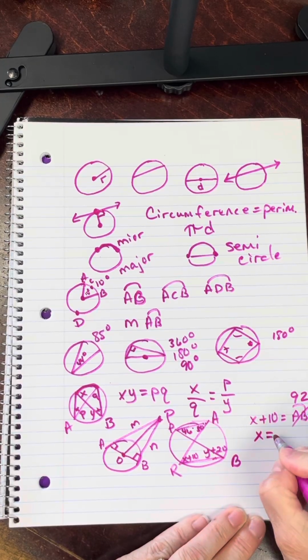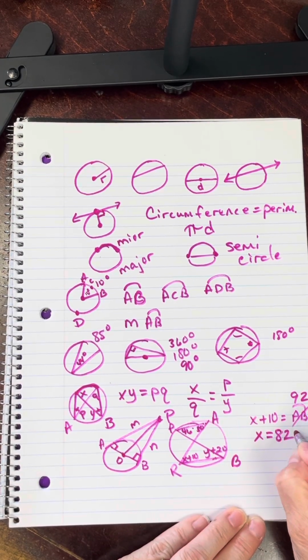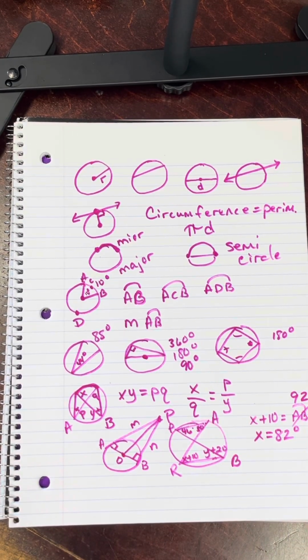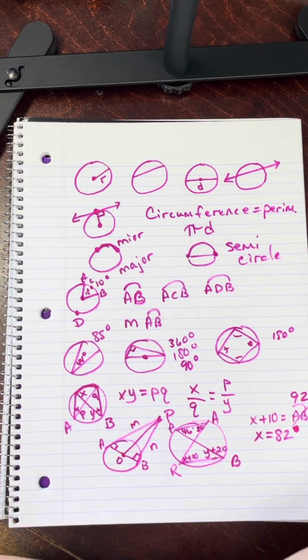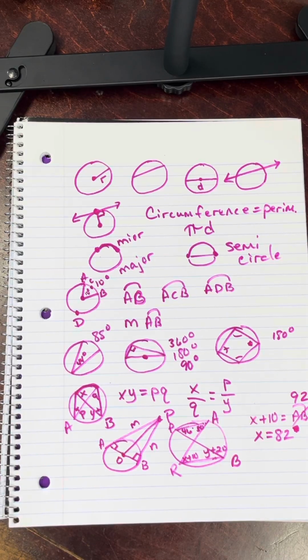So then X equals 82 minus the 10. Oh, X is not necessarily degrees, it was just an X. And then it wants Y. Oh, I was trying to find that answer to check it. Oh no, X is 36.